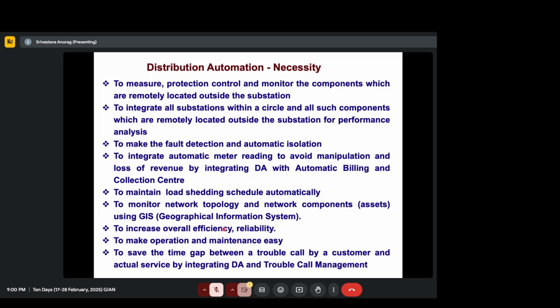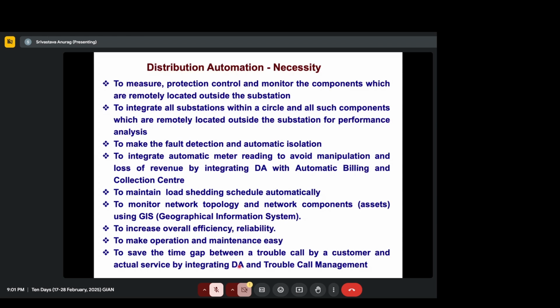There is also this: how do we know that there is an outage? We can figure it out from the data, but mainly we figure it out through trouble call management, which means that customers call to say they are out of power. And distribution automation software, so distribution automation and DMS, what is the difference? DMS is software running in the control center.